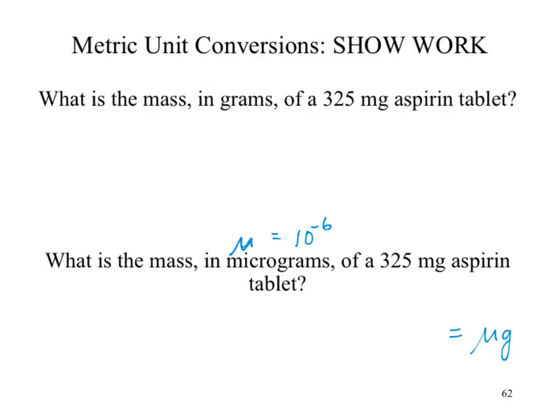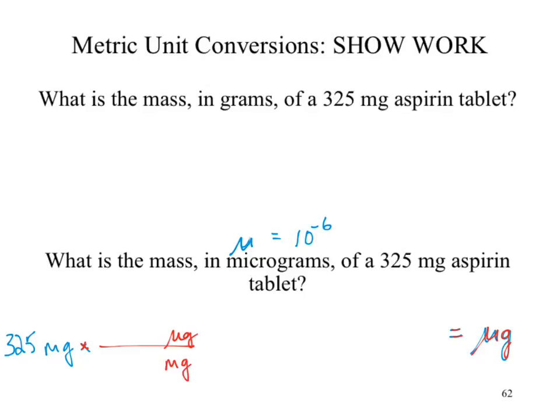What information am I given to start with? Milligram. I like the units forward, answer first, followed by our 325 milligrams in front. We now look at our calculations. Ideally, what do we want to happen in our very next step? We want micrograms, and what do we want on the bottom? Milligram.